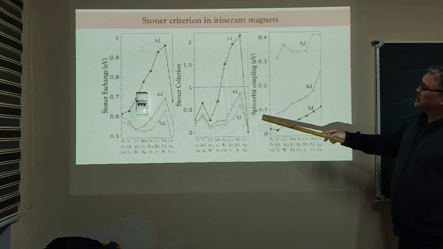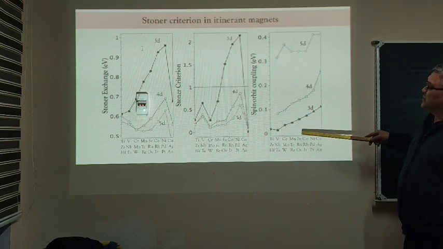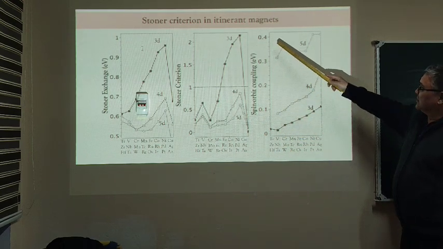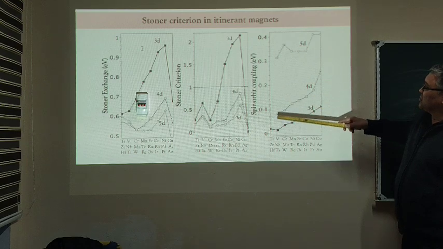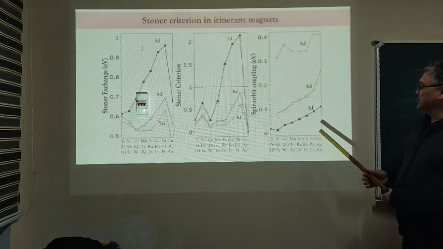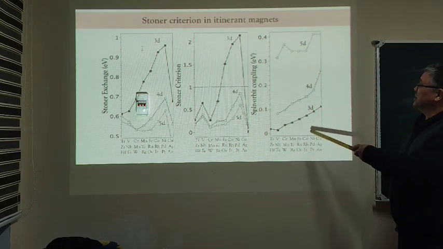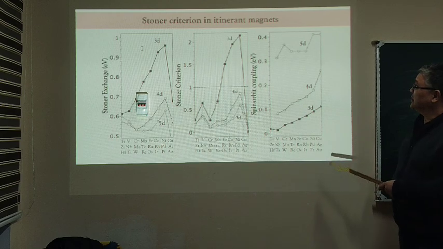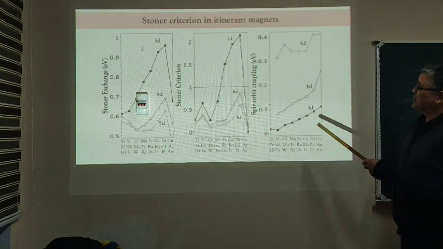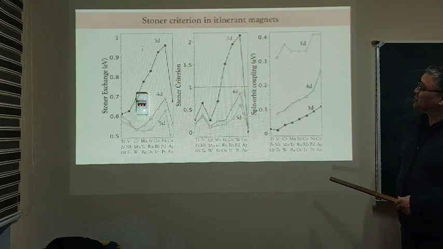Now, if you look at the third graph, we can see that spin-orbit coupling is written on the y-axis, and again the 3D, 4D, and 5D elements on the x-axis. And for 5D elements, we have larger values of spin-orbit coupling.